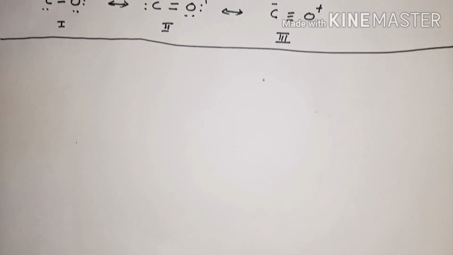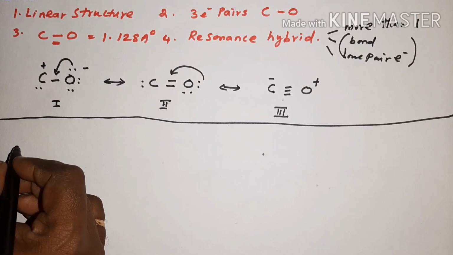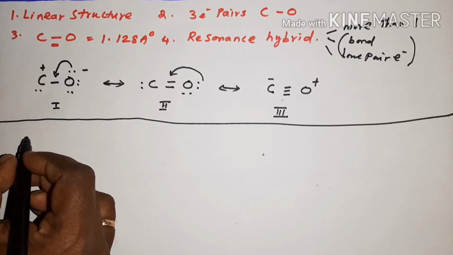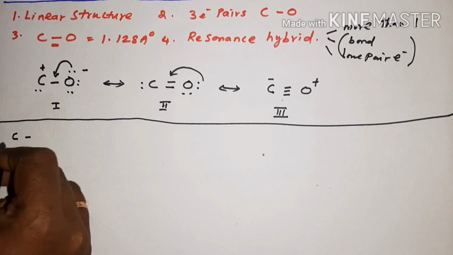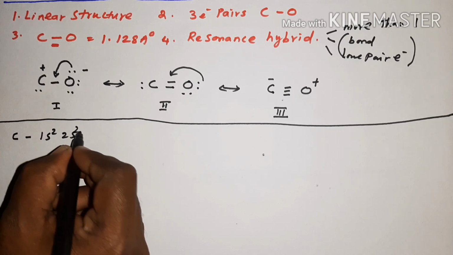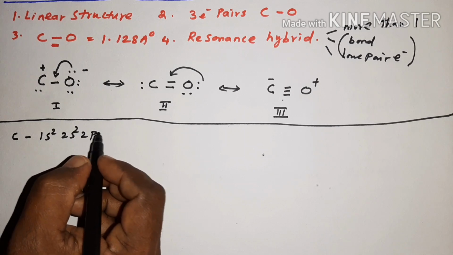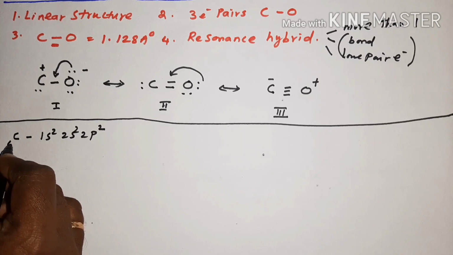So for that, first of all, you should write the electronic configuration for each atom. Here carbon, the electronic configuration is 1s2, 2s2, 2p2, because the atomic number is 6.